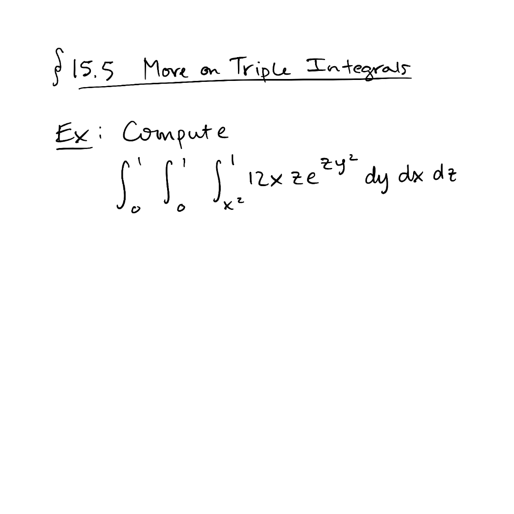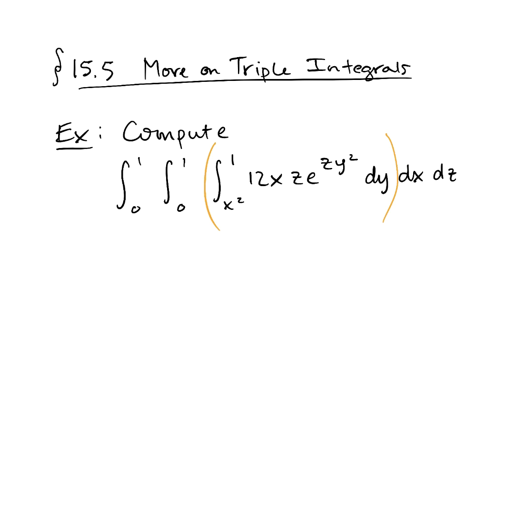Now, before we get any further into switching the limits, let's talk about why we might want to. I think the issue is here. If you want to do this innermost integral, which is how everything would start, you would be integrating with respect to y.